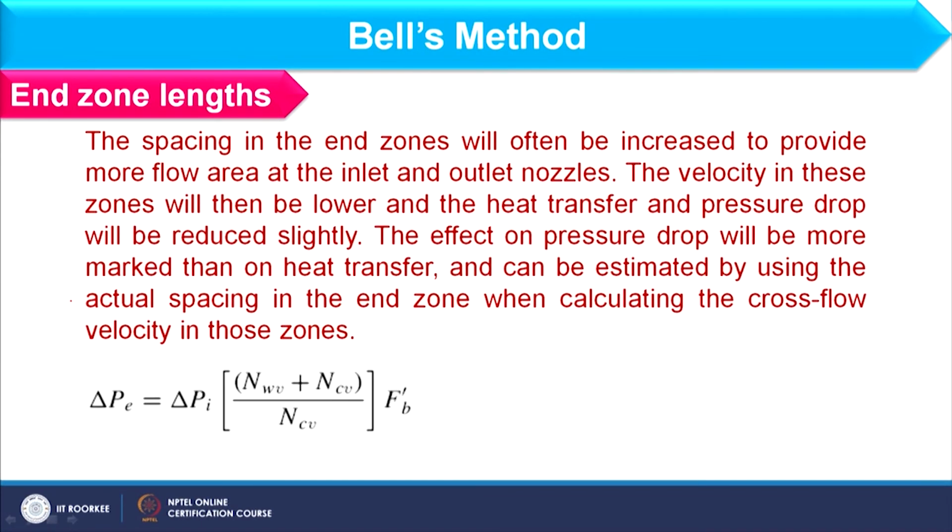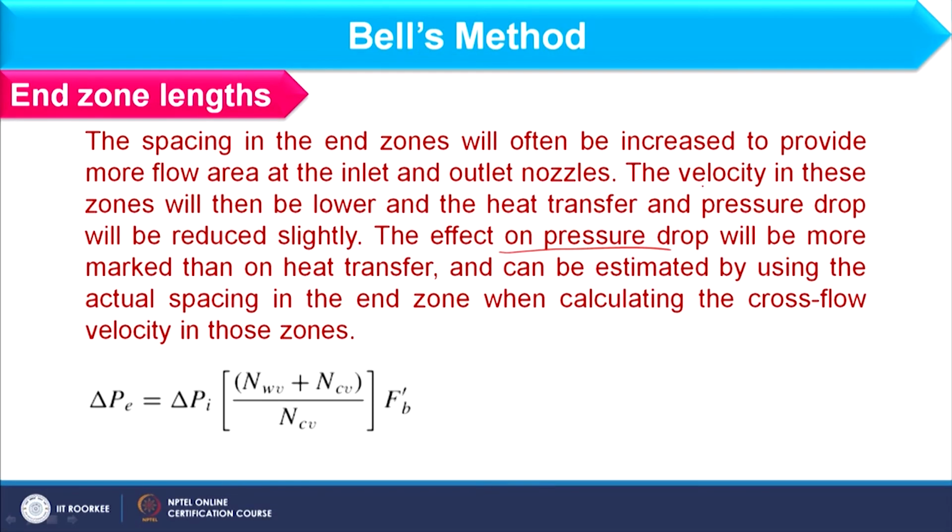Okay. So here another point you should consider is that the end zone spacing is different from what we considered in the cross flow zone between two baffles, right. So in this case we should consider pressure drop in a slightly different manner. Okay.